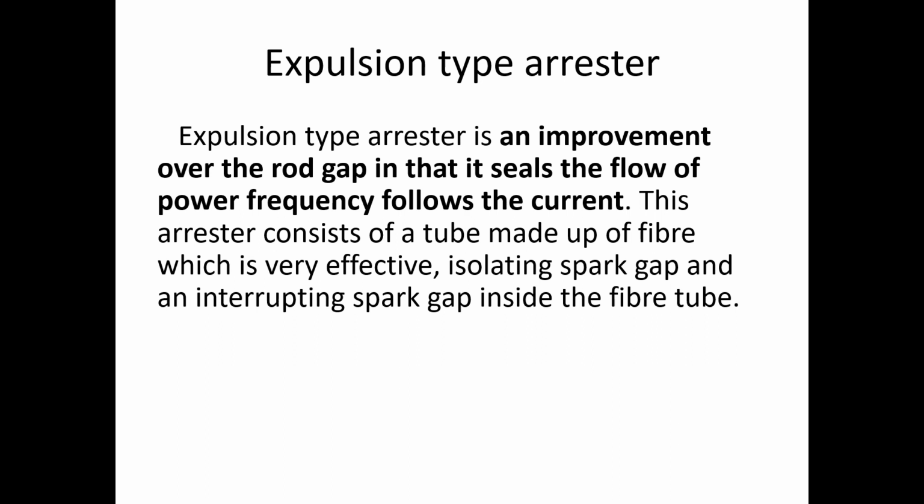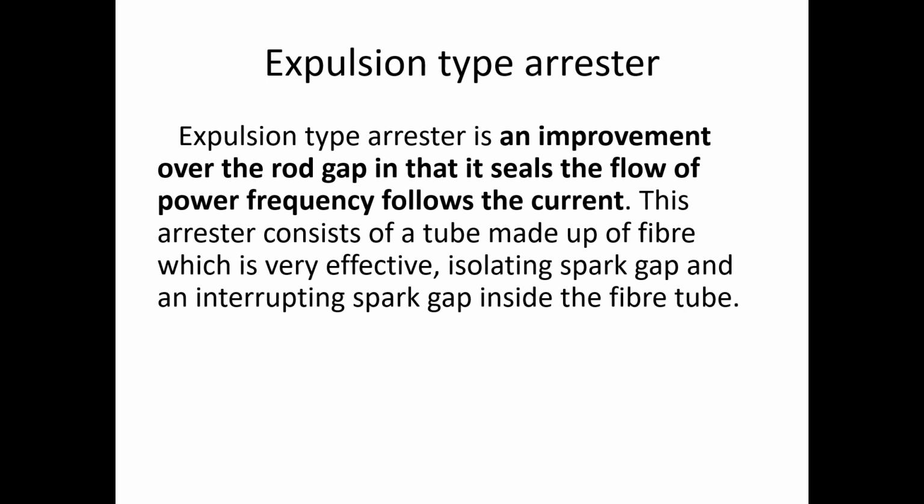The very good speciality of this lightning arrestor is that the arc produced can be extinguished by itself. That is, when the over voltage is stopped, the arc extinguishes by itself. No other external source is required for the extinguishment of the arc.